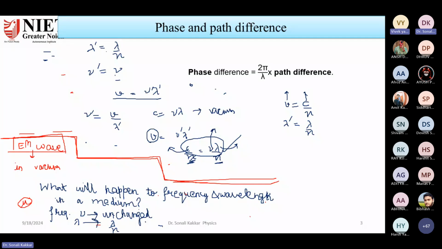So in both cases, in vacuum it is c and lambda, so that is how nu is equal to nu prime. If you put the values of velocity v in terms of c and lambda prime in terms of lambda, you will get nu is equal to nu prime. Clear?